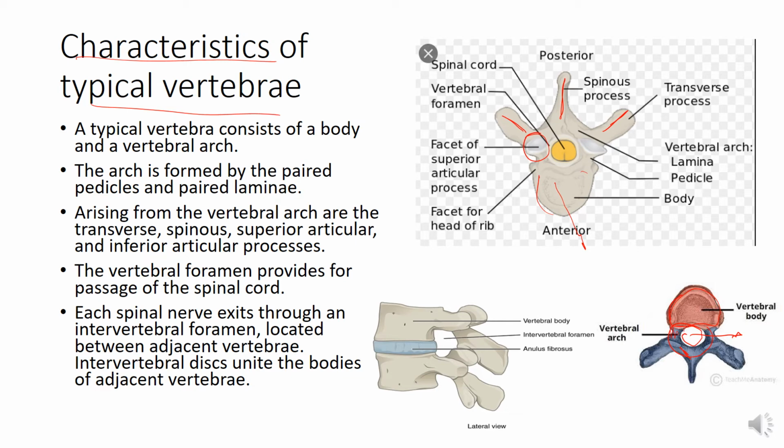When the vertebrae are stacked together in the vertebral column, it is the flattened surface of the body of each vertebra that articulates with the corresponding surface of the adjacent vertebra. So you can see here the flat surface is articulating with the flat surface of the corresponding adjacent vertebra.